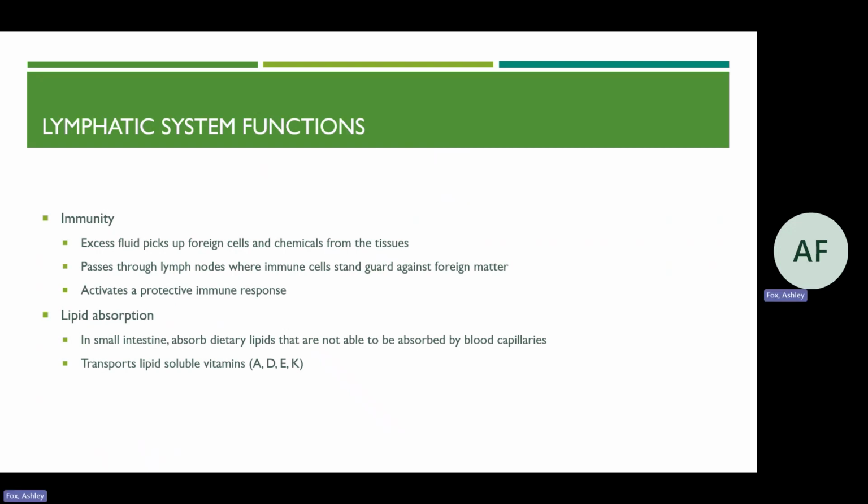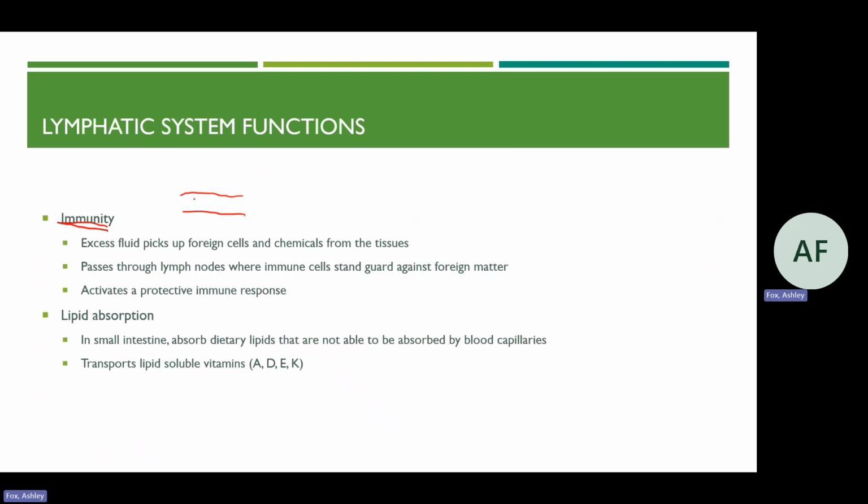The other part of the lymphatic system, there's 2 sections more. Another major part is immunity. So we're talking about the lymphatic system going along with the immune system because they're closely related. So when you're picking up that excess fluid that's pushed out of the blood capillaries, we have white blood cells that circulate through our bloodstream. We've talked about the blood and the different types of white blood cells.